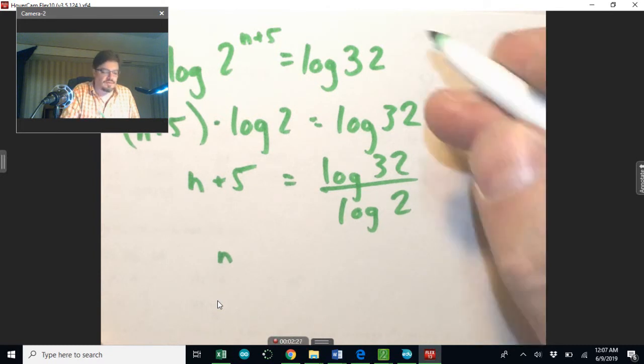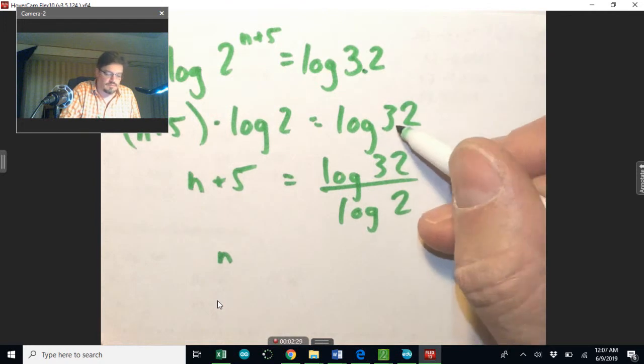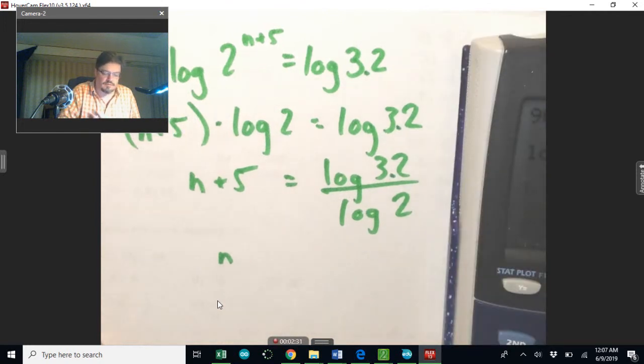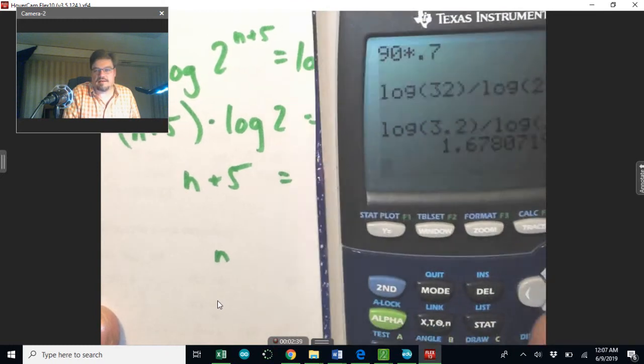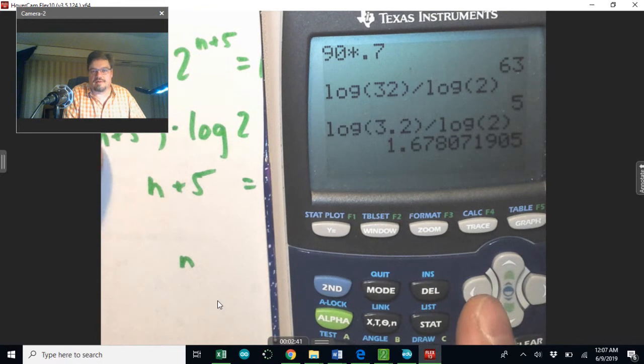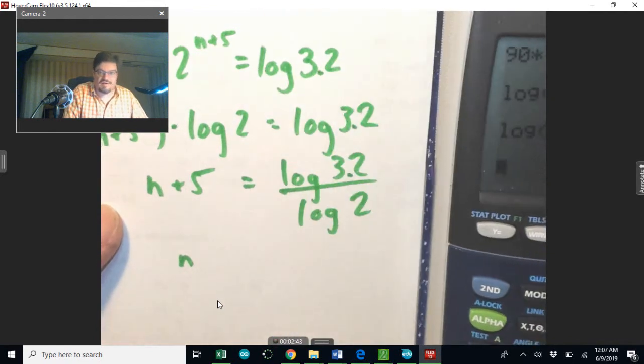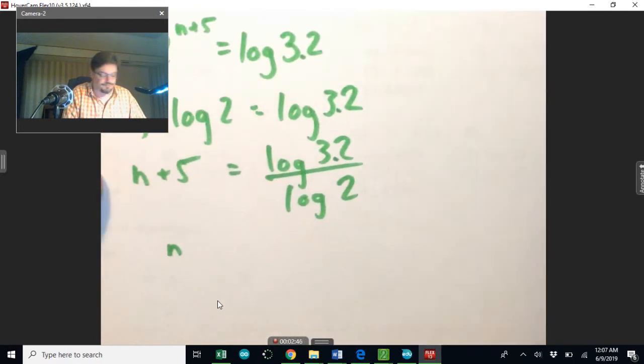Oh, I put 32. It's 3.2. Log of 3.2 divided by the log of 2. Very different answer. All right, here's log of 3.2 divided by that. Now, n plus 5 equals that long decimal.